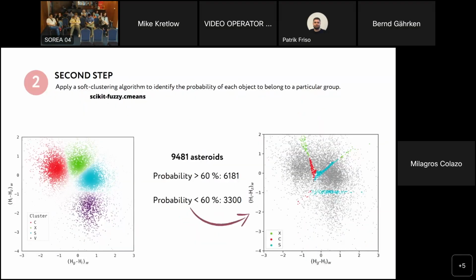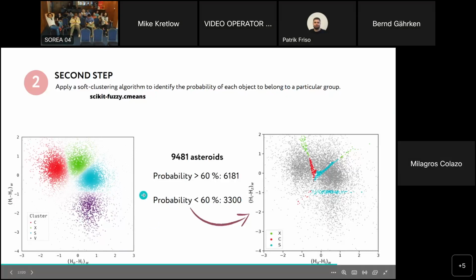The second step is to apply a soft clustering algorithm to identify the probability of each object belonging to a particular group. So we use the fuzzy c-means. Here is the result. We obtain these clusters.